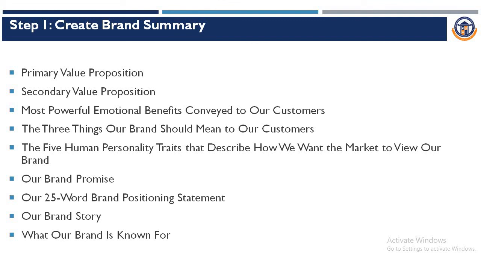Followed by our brand story. You may have some good stories, that is also to be prepared. Finally, what our brand is known for to the customer, to the society. So this is about creating the brand summary, which you have to prepare. That is the first step of brand audit.